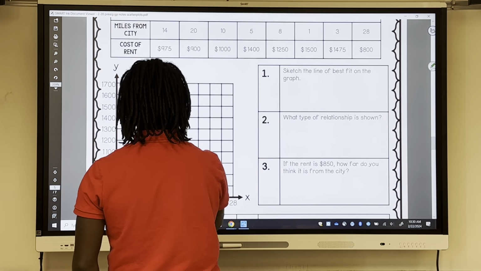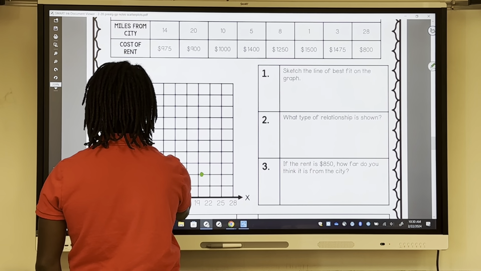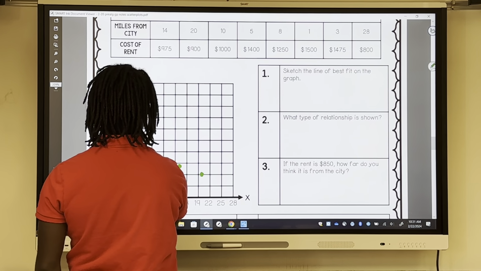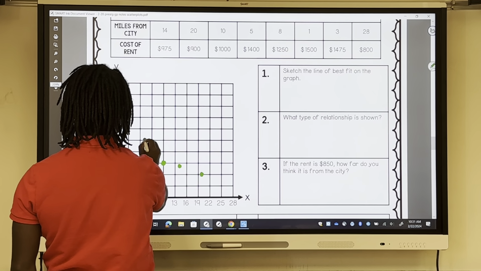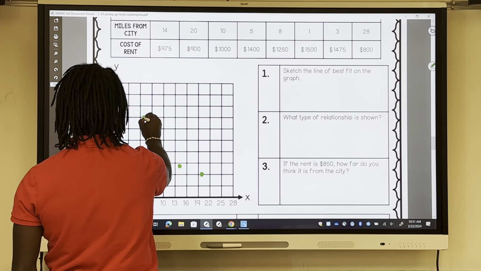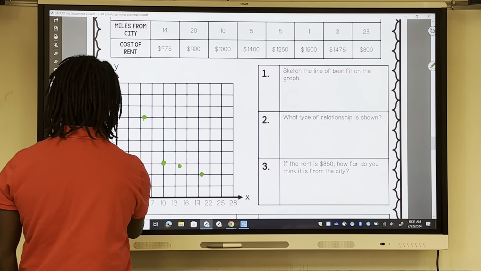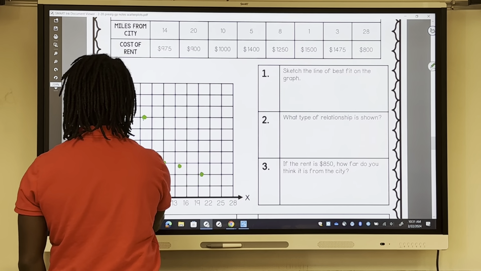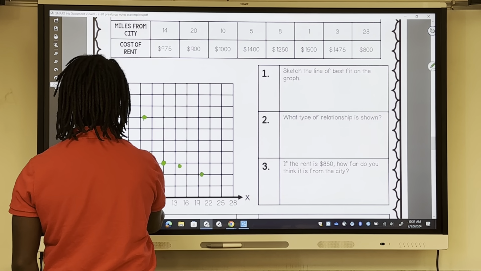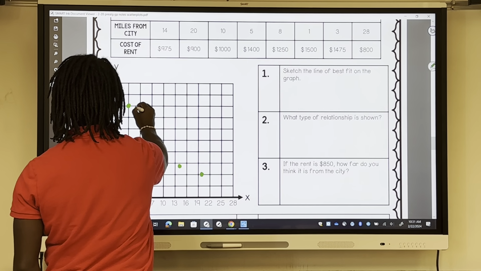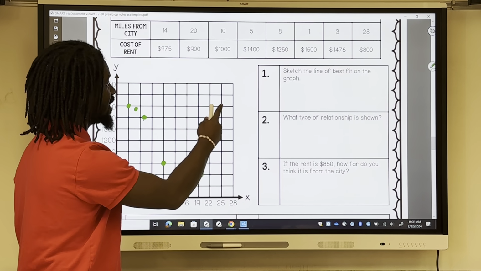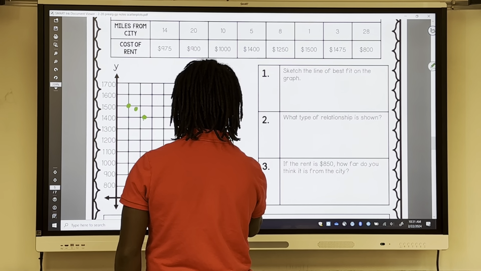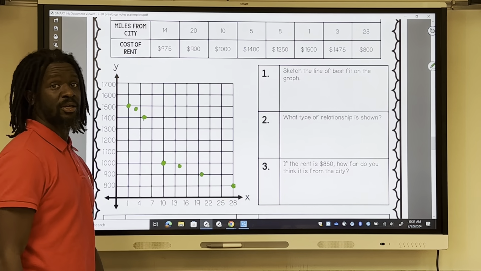Okay, 10 and 1,000, so over to 10, up 1,000, right there. 5 and 1,400, 5 is about in here, 1,400, right there. 1 and 1,500, right there. 3 is about right here, 1,475, up here somewhere. And then 28 and 800 is right there. Okay, so we got our scatter plot.